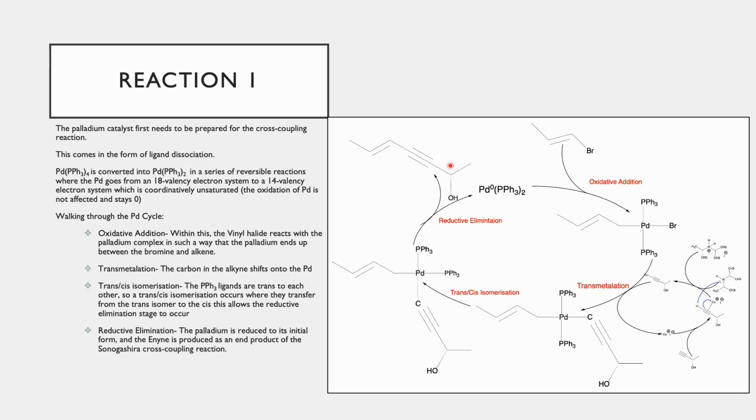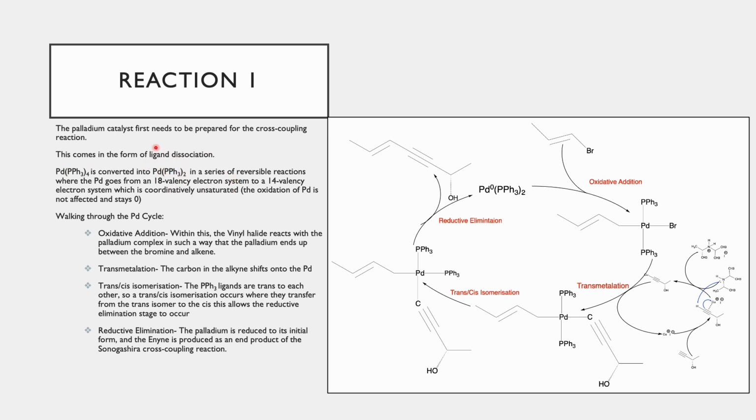So this is the complete Sonogashira cross-coupling catalytic cycle for this reaction. Before getting into the actual cycle itself, we just need to see how this palladium complex is prepared. As you know, we cannot use this complex as it does not have any coordination sites which we can attach our ligands to. So we need to convert it into this.